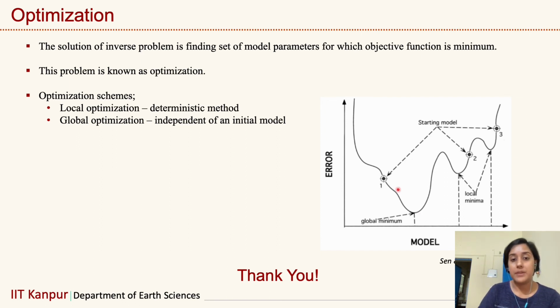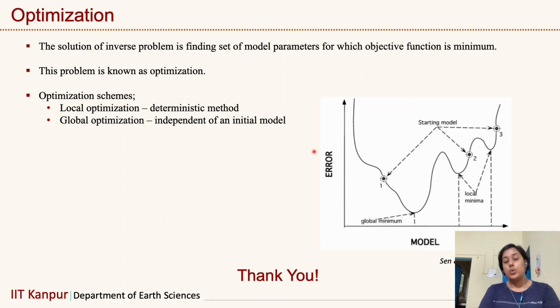For example, if you choose your initial model over here, then you are in a very good position. You will reach the global minimum once you get the zero gradient. But what if you choose your initial model over here at the second position? While reaching the zero gradient, you are achieving the local minimum but not the global minimum.